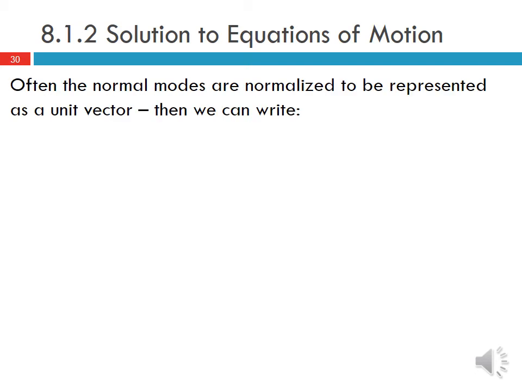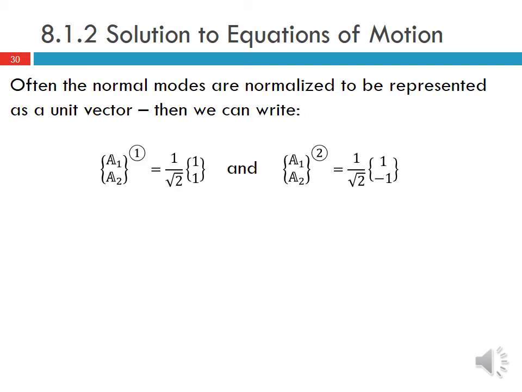So often the normal modes are normalized to be represented as a unit vector. So we could write them as shown here. So 1 over the square root of 2 times this vector 1, 1, or 1 over the square root of 2 times the vector 1, negative 1. So far we've found both the natural frequencies and the mode shapes for our 2 degree of freedom system.